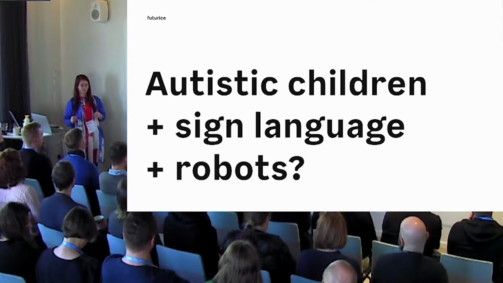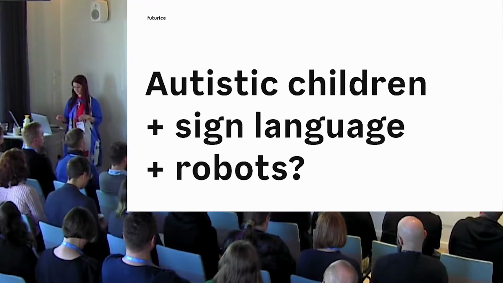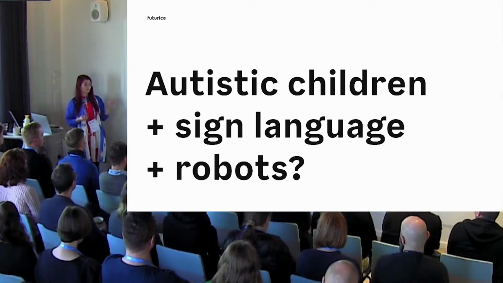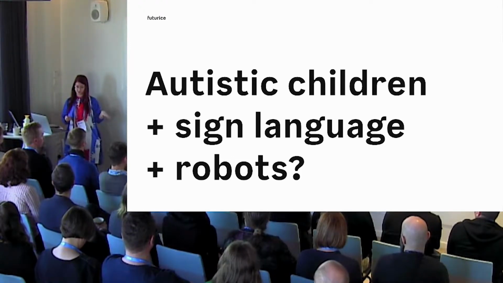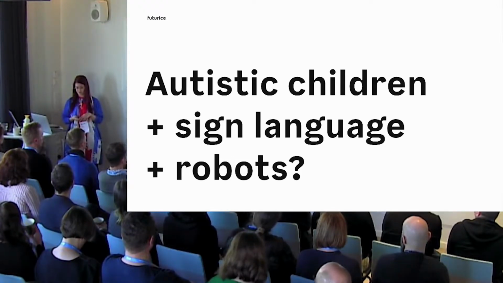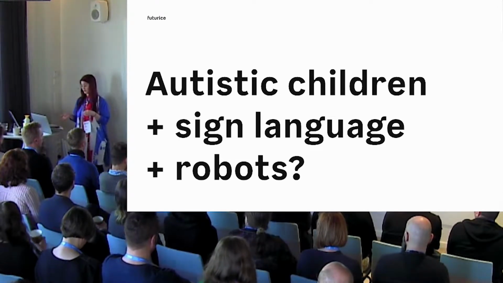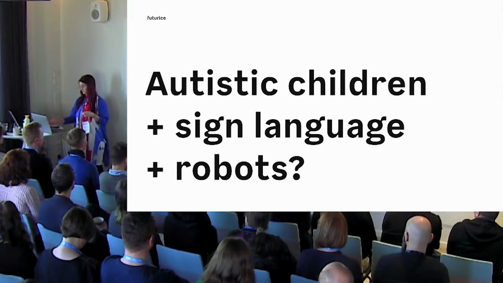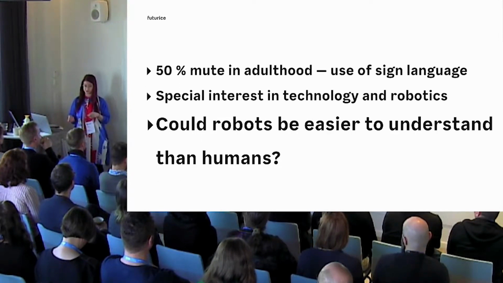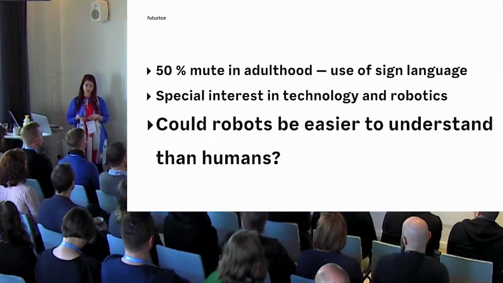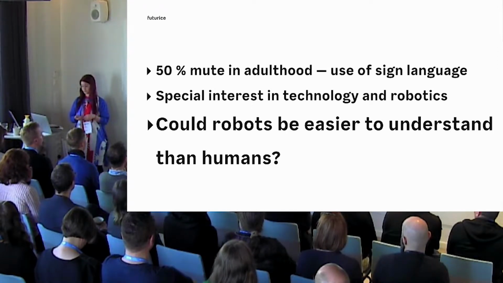Okay, but why build a robot for autistic children in the first place, and why sign language? This brief came from Satakunta Healthcare District. They had a psychologist and a speech therapist who worked with us, and they thought that this robot could potentially be easier to understand than humans. So 50% of autistic people are actually mute in adulthood.